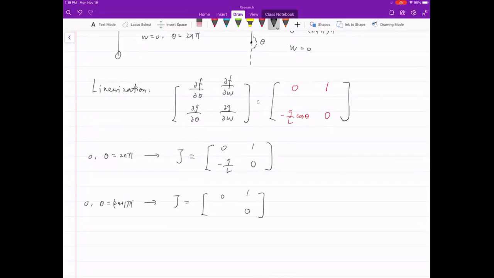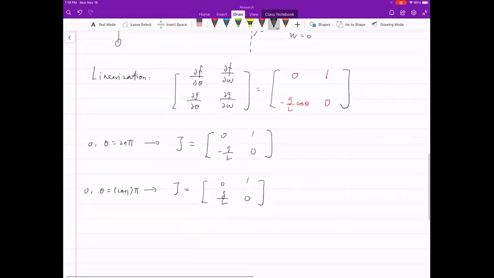Cosine pi, cosine 3 pi, that's going to give you negative 1. So you can see they have different linearizations. One with a negative, one without a negative, depending on whether cosine theta is 1 or negative 1.